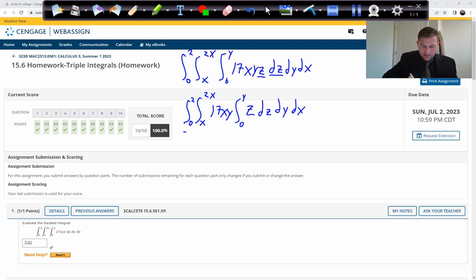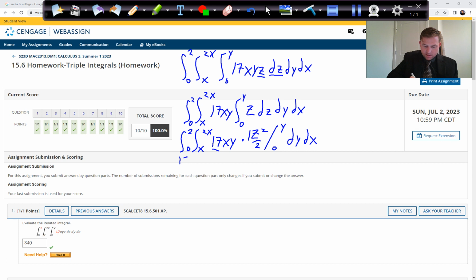And now we'll take the antiderivative of that, leaving everything else the same, and we'll get z squared over 2 from 0 to y. And let's pull out the 17 and the 1/2.